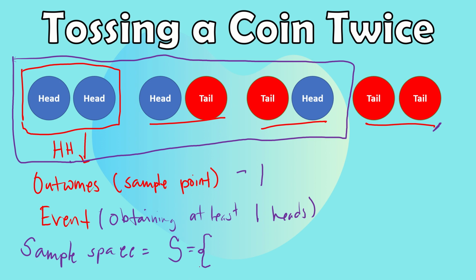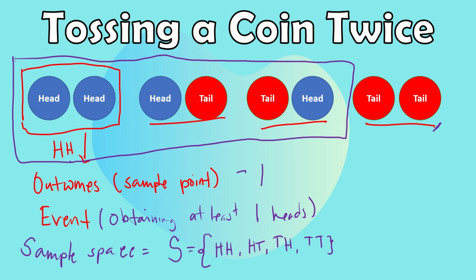Pag nasama-samahin nyo lang, di ba? Both are heads. Sunod, heads and tail, tail and heads, and tail and tail. So, this is our sample space kasi set siya. Okay, so yan po ang pagkakaiba ng outcomes or sample points, events, and the sample space.